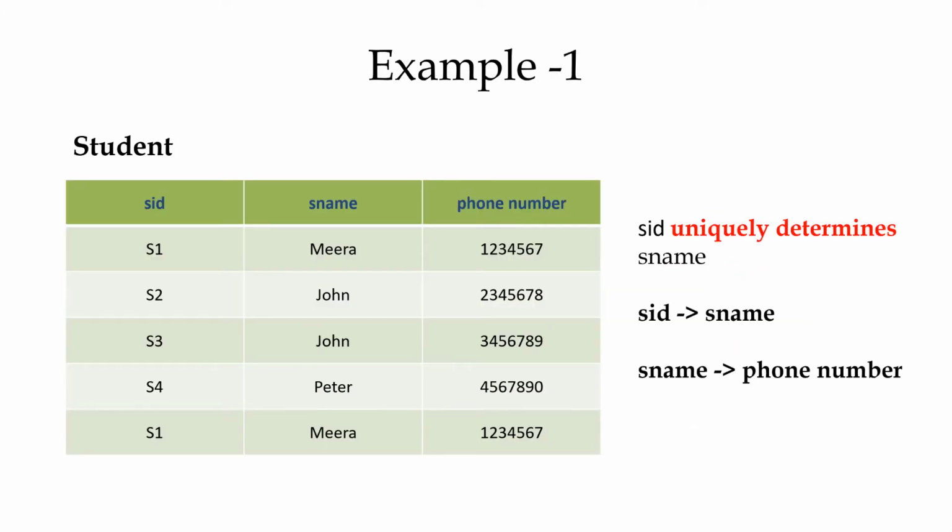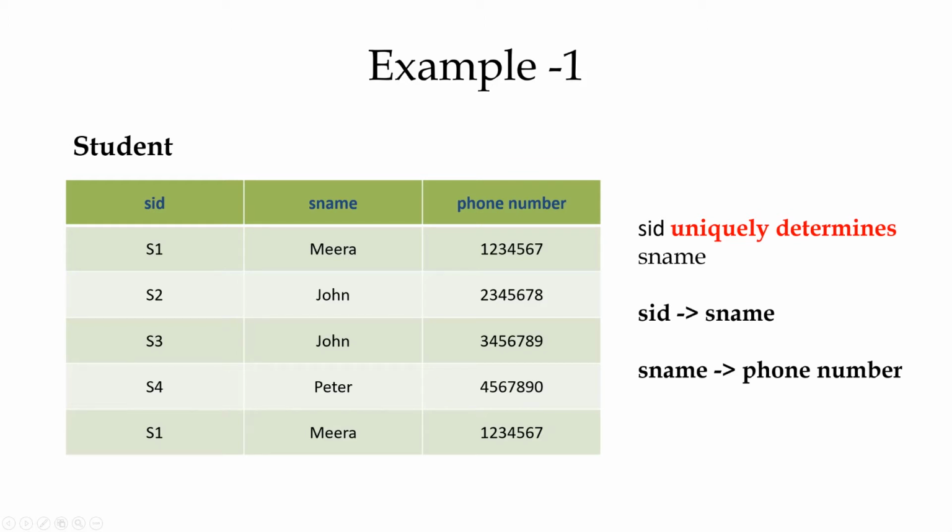Let us understand this concept with an example. Take the student table. You have three attributes: student ID, student name and phone number. Now let us take the first two columns, student ID and student name. In student ID each entry is unique, whereas in student name you can have repetition of data.